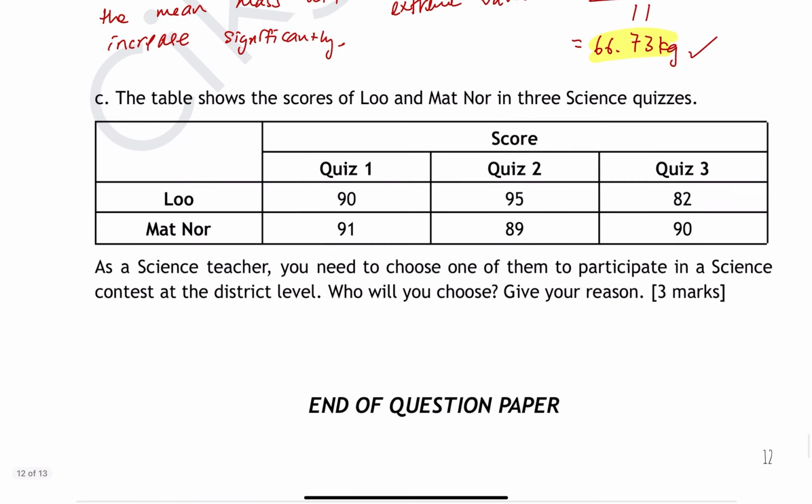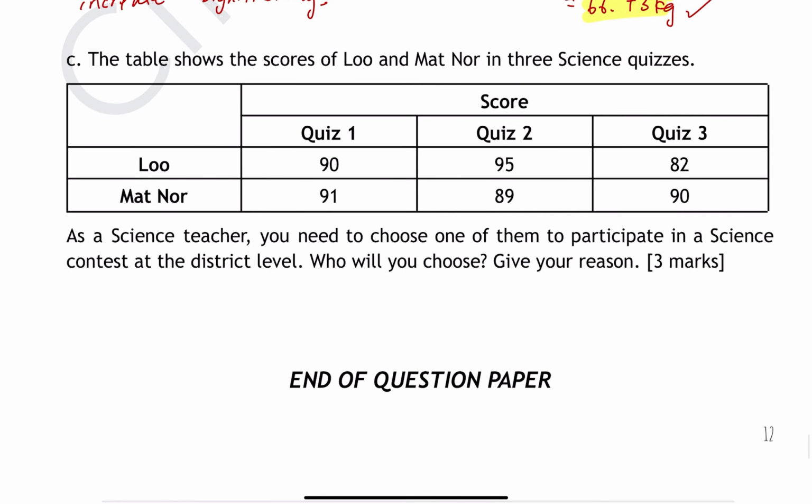Okay, then for your last part C, the table shows the scores of Lu and Magno in 3 science quizzes. As a science teacher, you need to choose one of them to participate in a science contest. And from this, you are again required to check their mean score, because mean will be reflecting their performance.